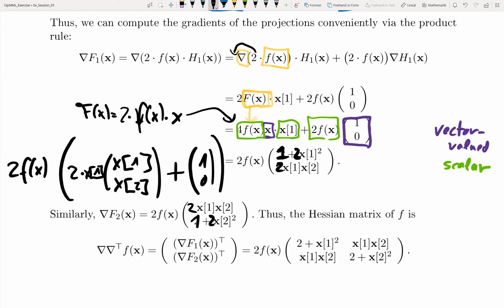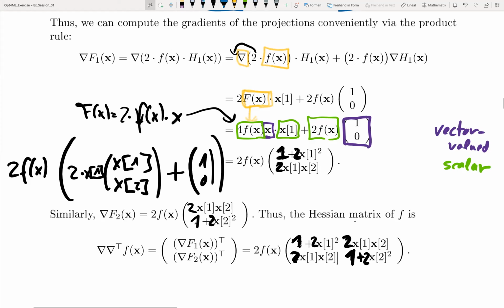And the Hessian, which we get by looking at the gradient of the F1 function, stacking it row by row with the F1 and F2, we get here 2, 2, 1, 2, 1, 2. I will upload here the correct version. But now it should be fine.